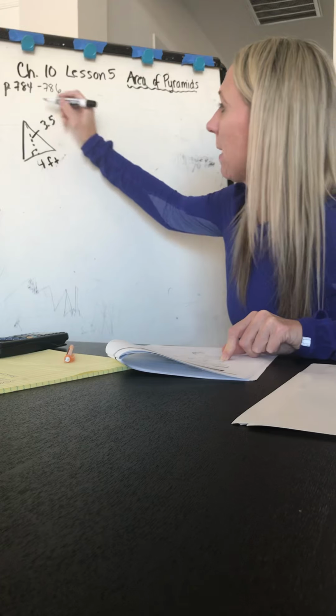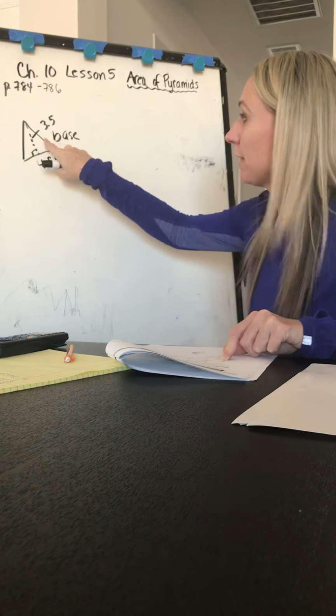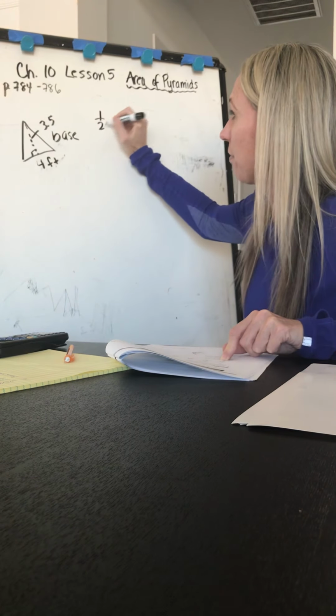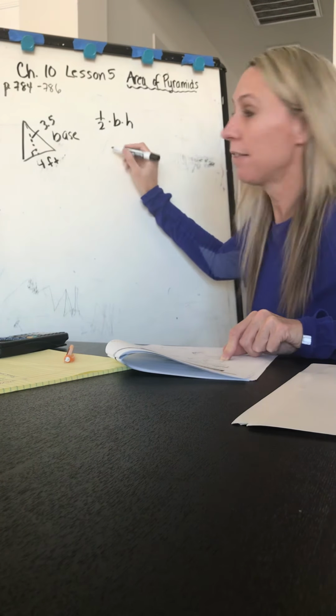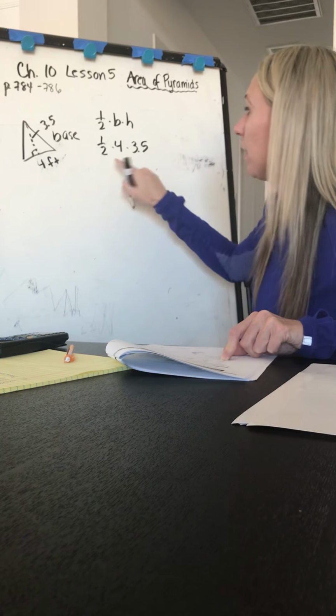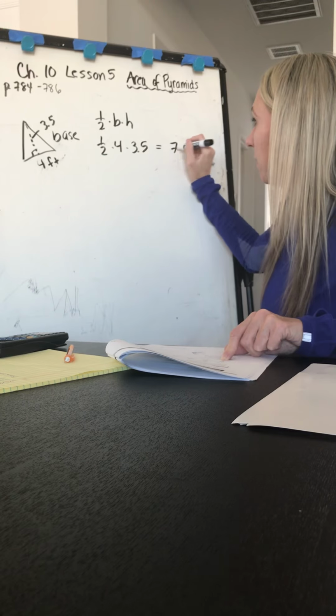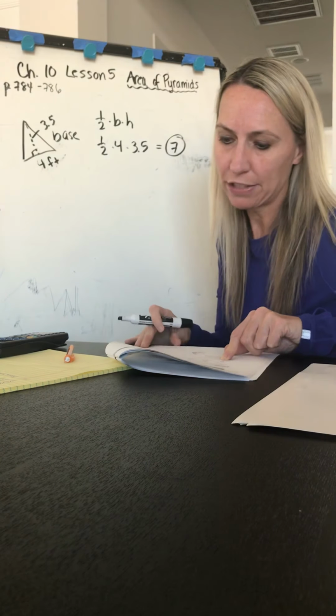So this is the base. Because it's a triangle, we have to use the area for a triangle, which is 1/2 base times height. So we're going to do 1/2 times 4 times 3.5. 1/2 of 4 is 2, and 2 times 3.5 is 7. So that's our base.